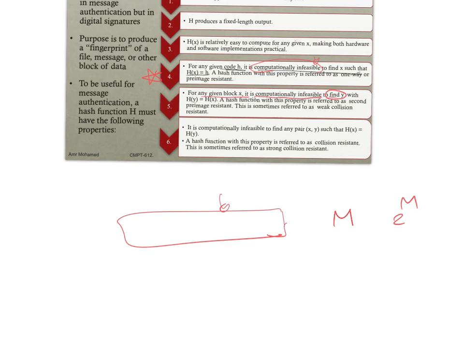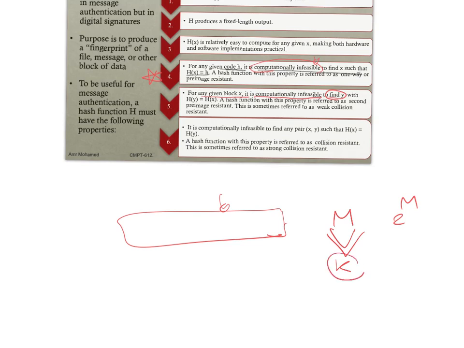If I have a hash of length k, remember that the hash value has a length which is much less compared to m. We said that the message can take any size, but the hash itself is small.